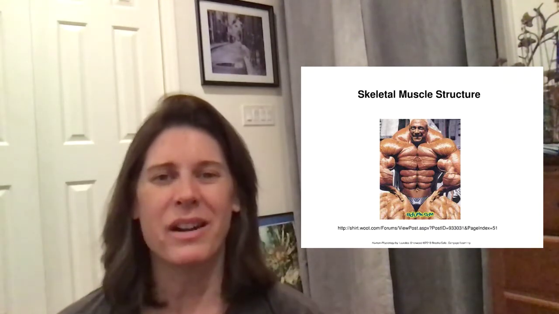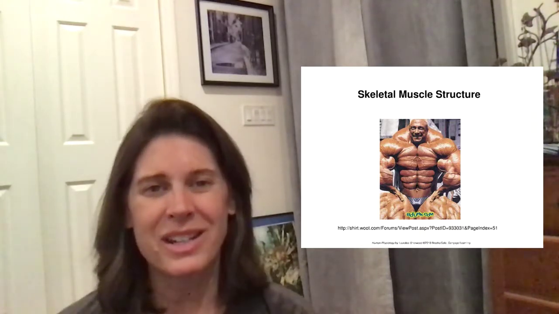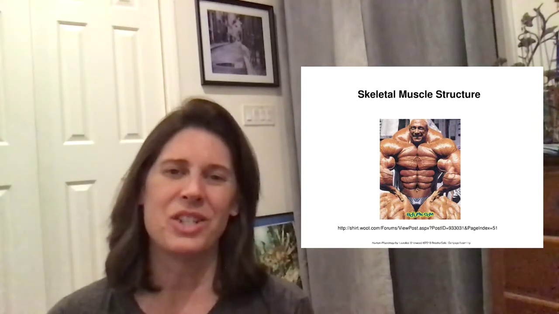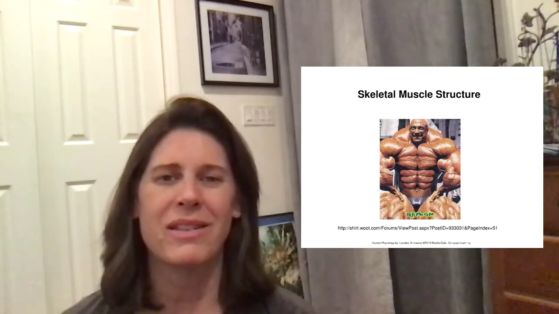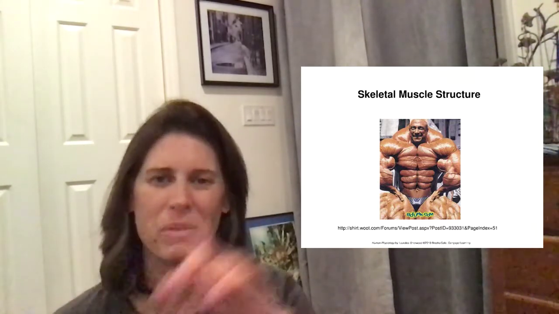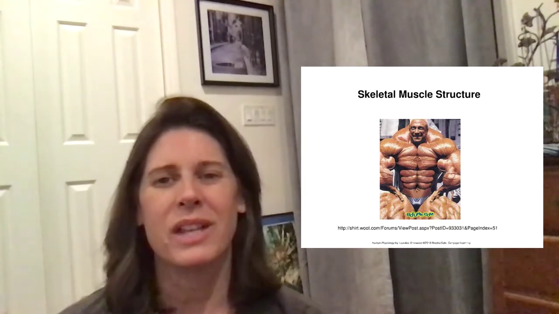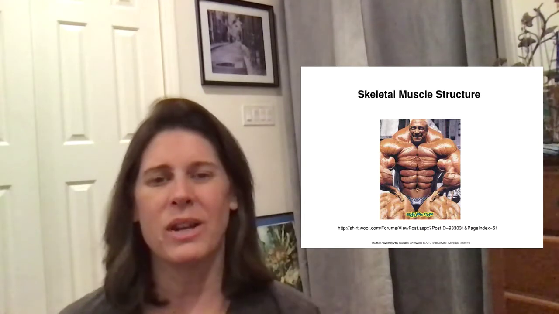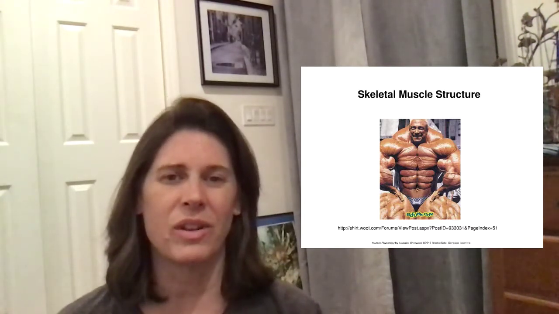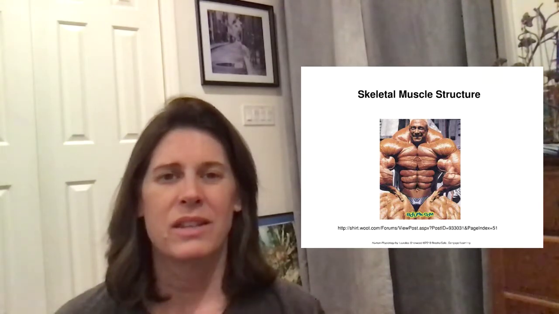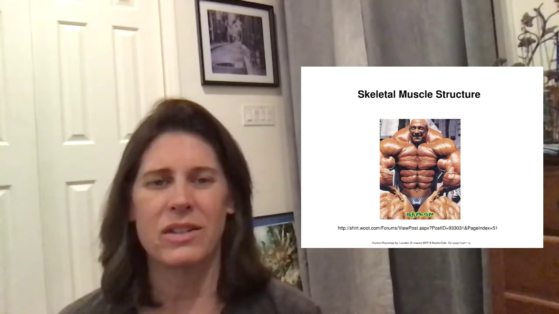Remember, there's also cardiac muscle, and that's the main tissue associated in your heart. So that's contractile tissue that puts pressure on the blood inside of the chambers of your heart so it can provide movement to the blood. And then there's smooth muscle. Smooth muscle is associated with many of your other organs, such as the digestive system organs, things like your stomach, your esophagus, your small intestines, your large intestines.